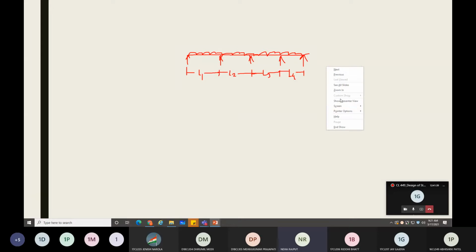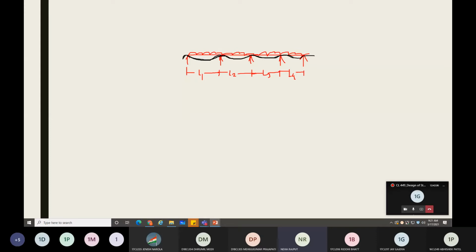So now for this continuous beam, if I want to draw the deflection shape, it behaves like this. Again here some deflection is taking place in the span, and the opposite deflection is taking place at the support.